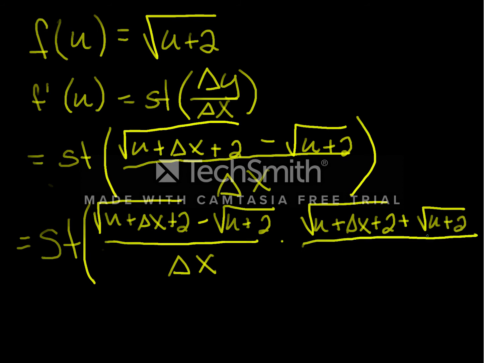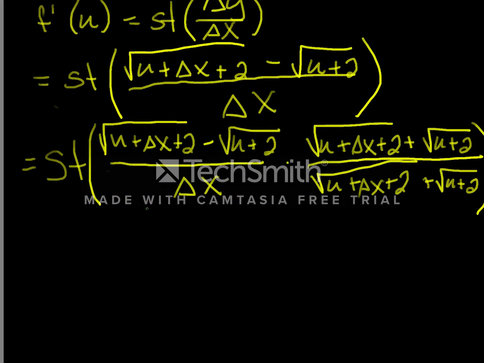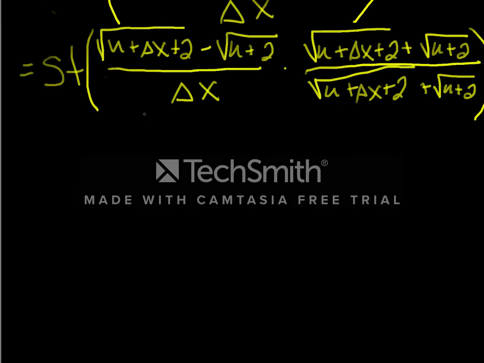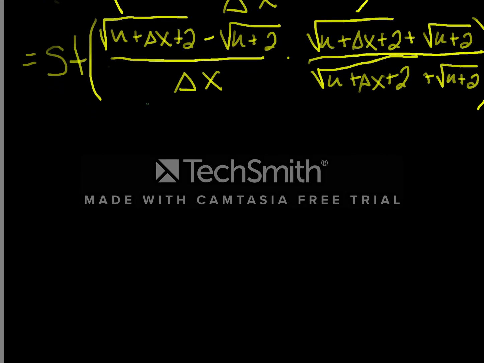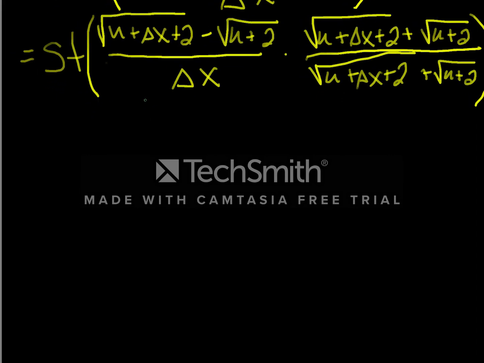And we'll write this again. So we're actually multiplying by 1. So multiplying this out, we get that this is equal to the standard part.